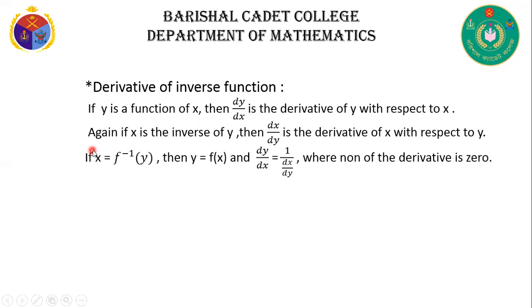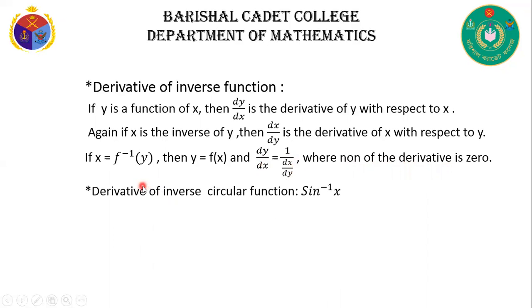Again, if x is the inverse of function y, then dx by dy is the derivative of x with respect to y. If x is equal to f inverse y, then y is equal to f of x and dy by dx is equal to 1 by dx by dy, where none of the derivatives is 0.